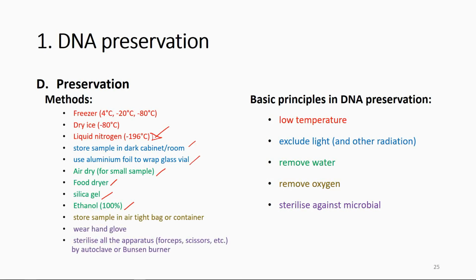To sterilize against microbes, make sure you wear hand gloves and sterilize all the apparatus by autoclave or by Bunsen burner. So these are a few simple things you can do. When you want to preserve a sample, usually you use a combination of a few of these methods.